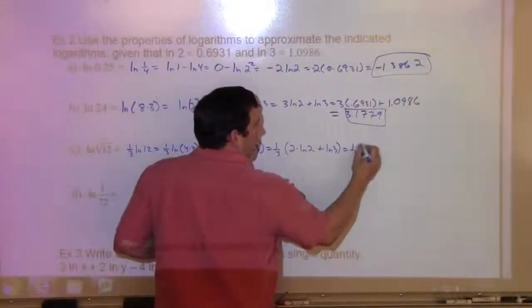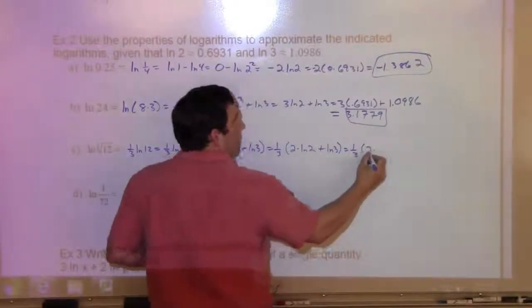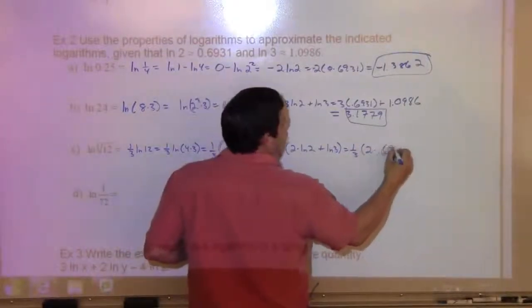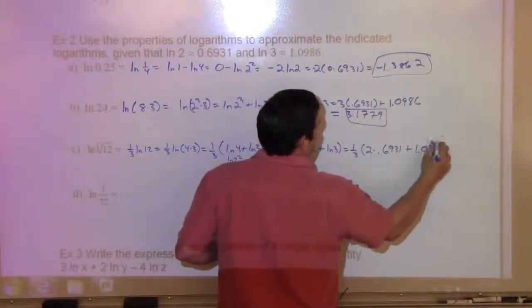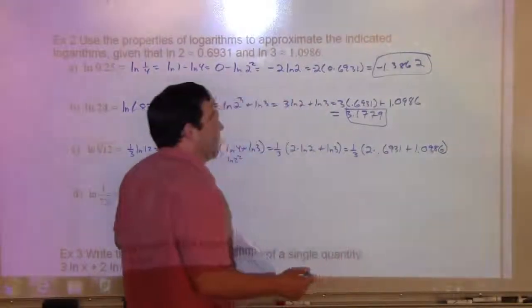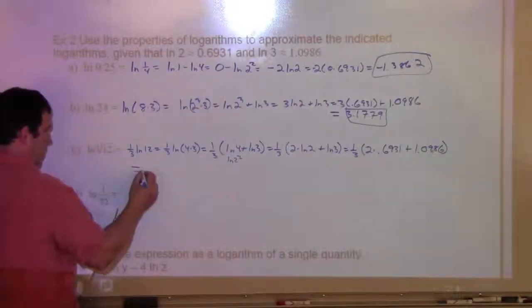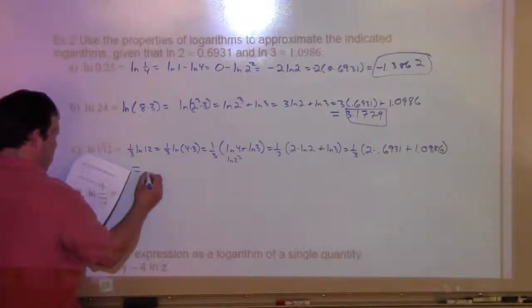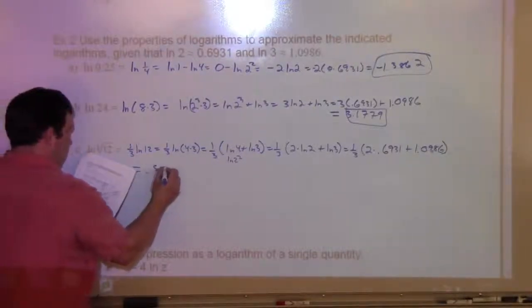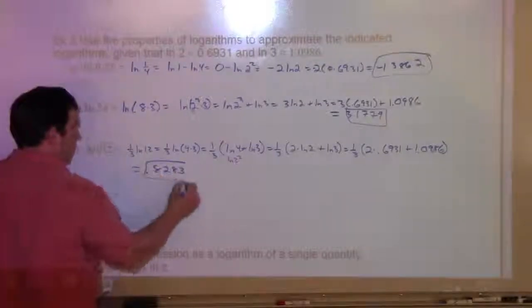So we're at 1/3 times 2 times 0.6931 plus 1.0986. That's going to give us 0.8283.